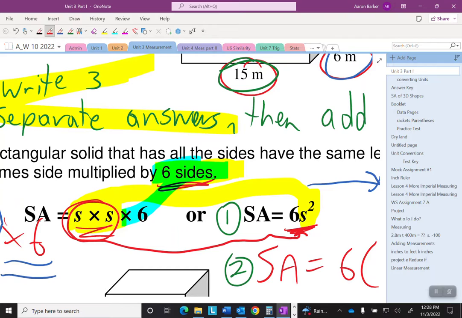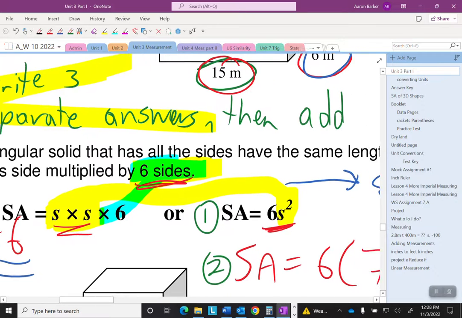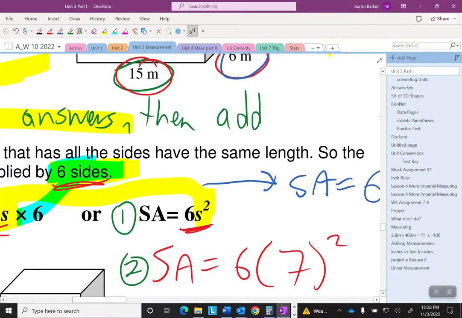So when you're doing your work, the first step is to write down your formula. SA equals 6s squared. Your second line is to substitute in. This question has the dice being 7 by 7 by 7. So it's 7 squared. That's the side length of 7. Doing BEDMAS, what do we do first? 6 times 7, or 7 squared, or 7 times 7?